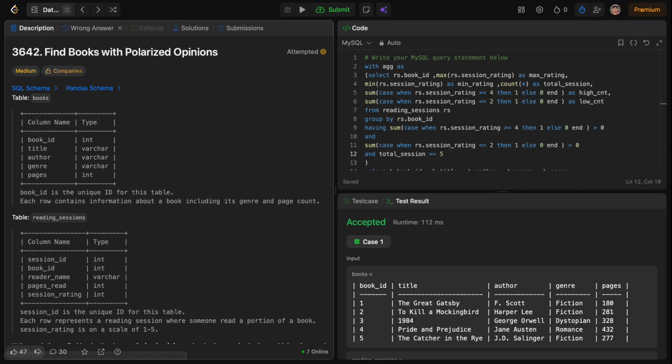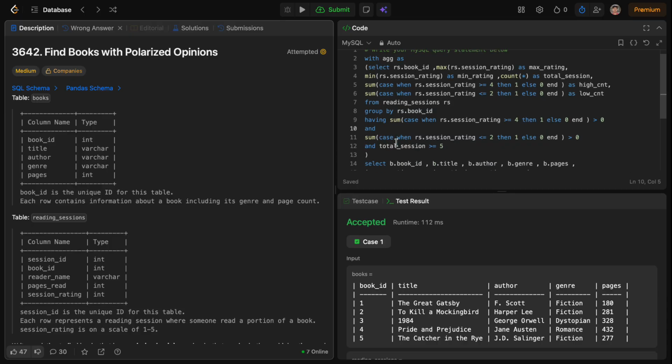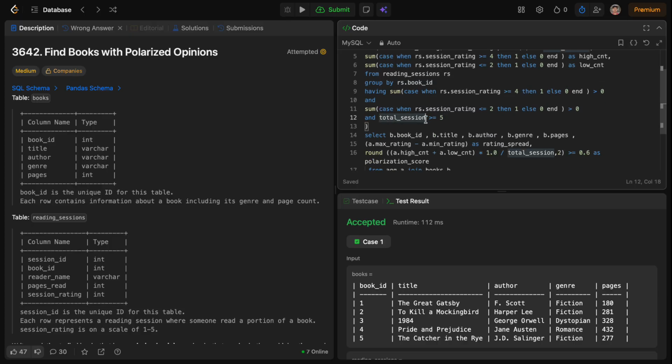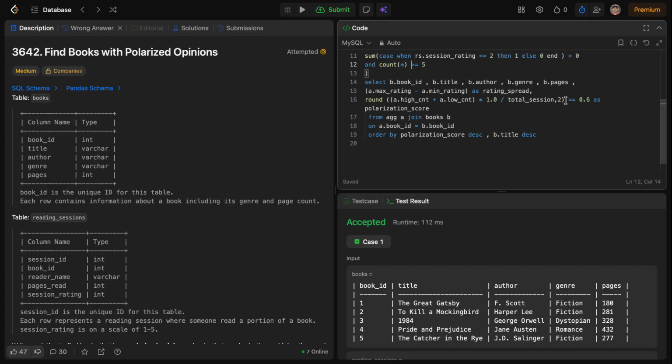Okay, let's do another thing. HAVING SUM and the total session. So make this the same, count asterisk should be greater than 5, and not using this condition here, instead WHERE ROUND greater than or equal to 0.6.